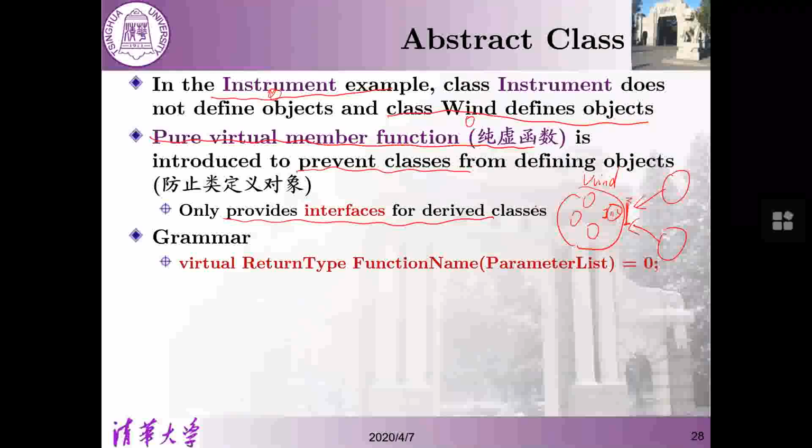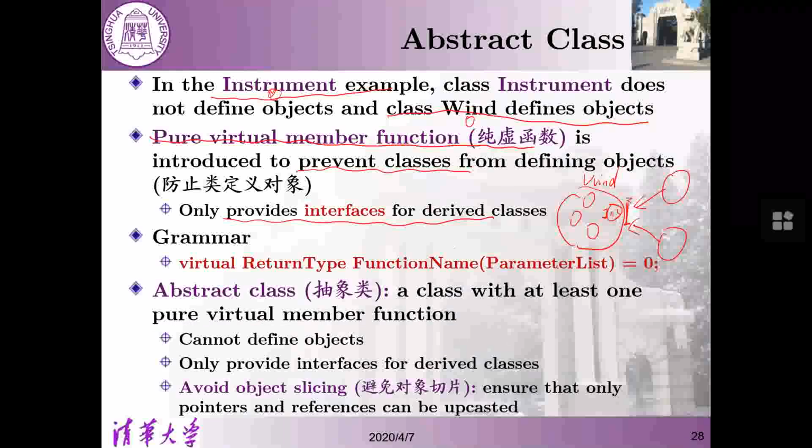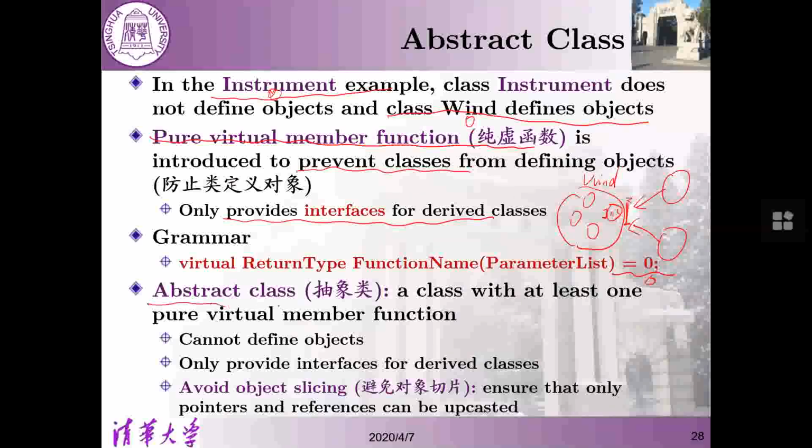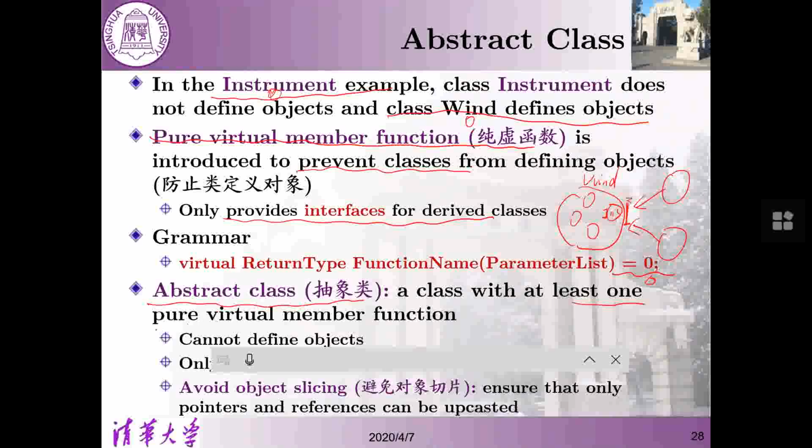So this is the grammar for defining a pure virtual member function. The only thing we need to note is the equal 0, right? This equal 0 sign. So an abstract class is a class with at least one pure virtual member function.